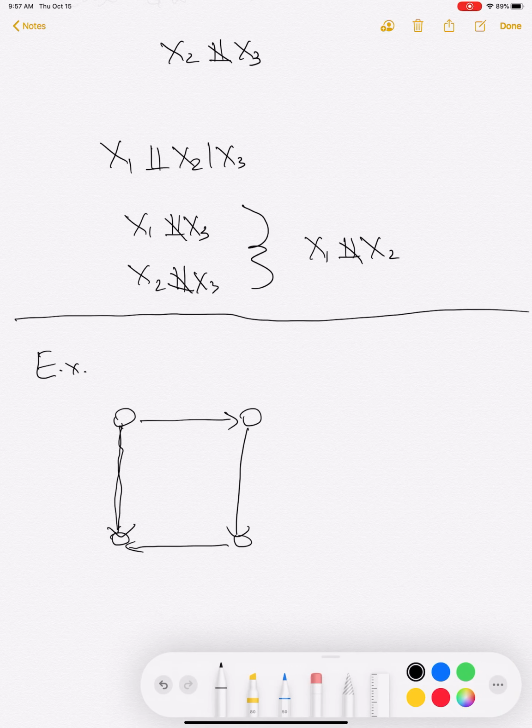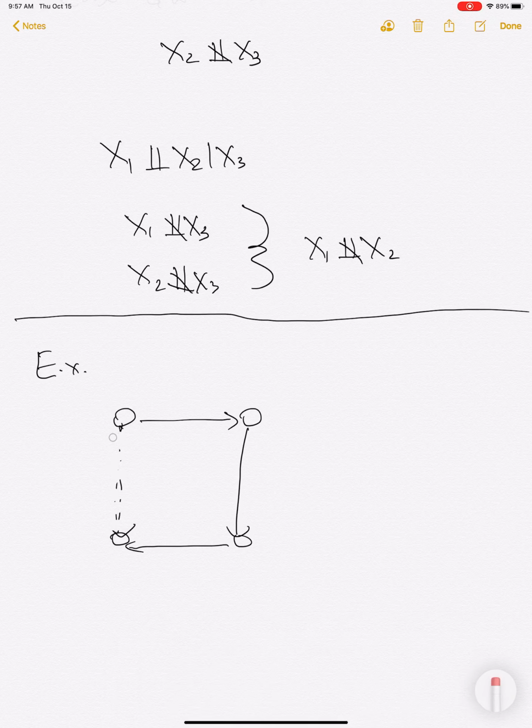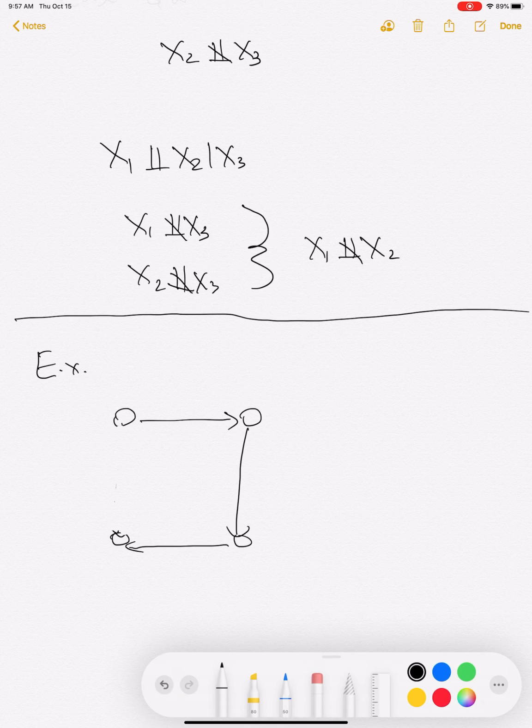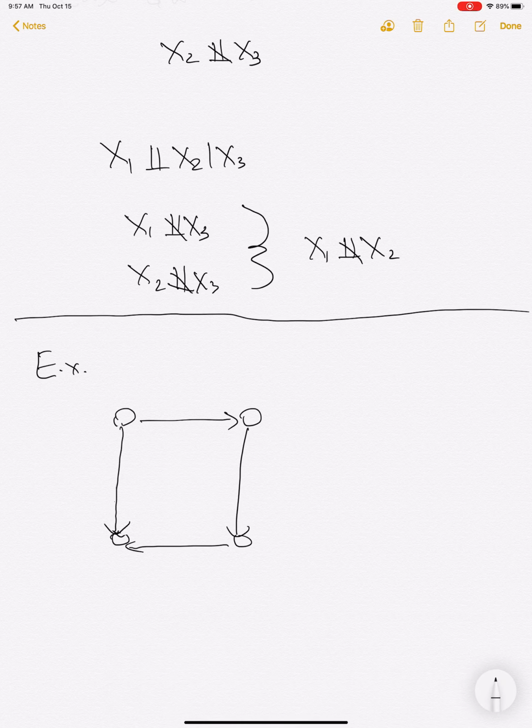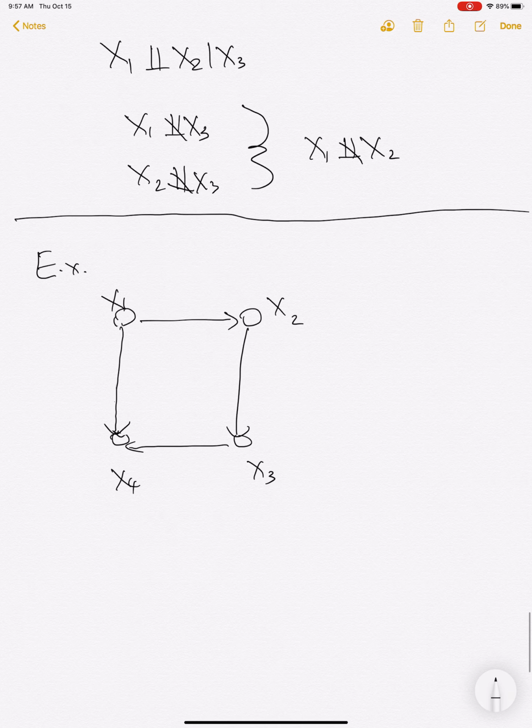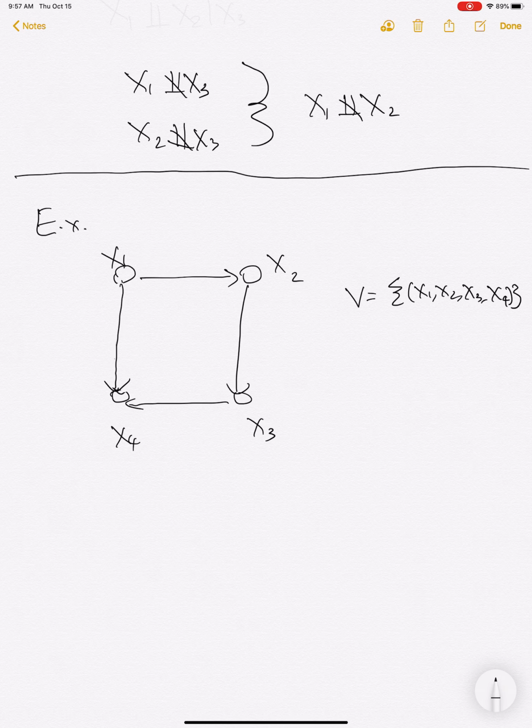Okay, so we have x1, x2, x3, and x4. So this is our V. And you can see that this is a DAG because there's no directed cycles.